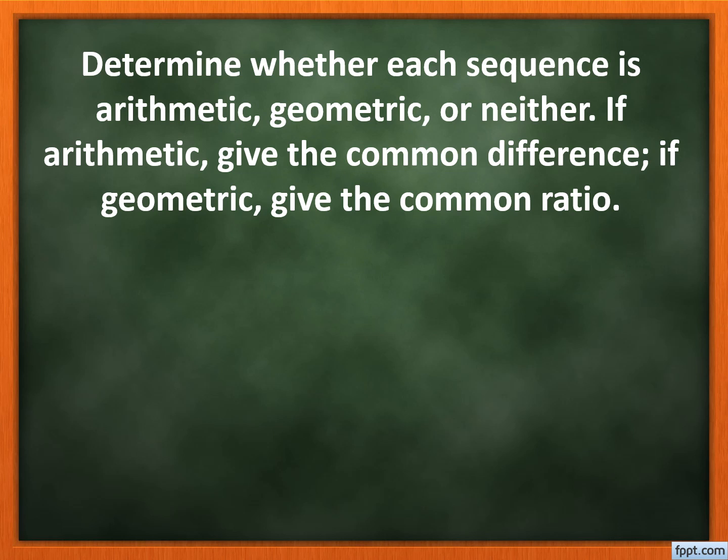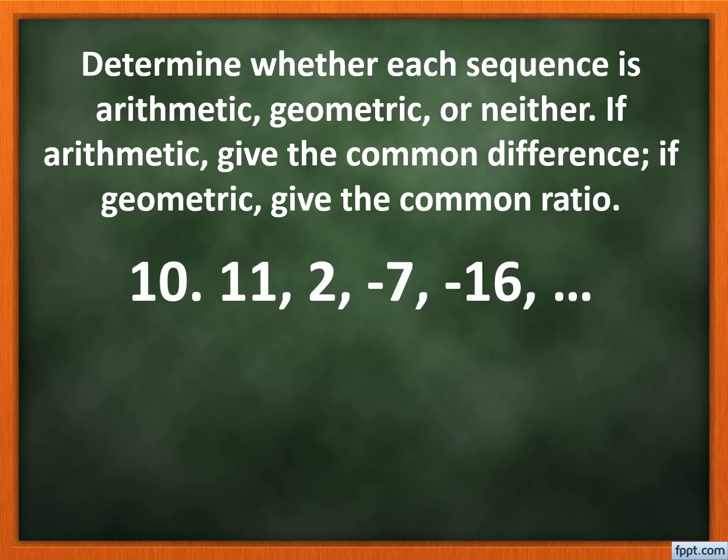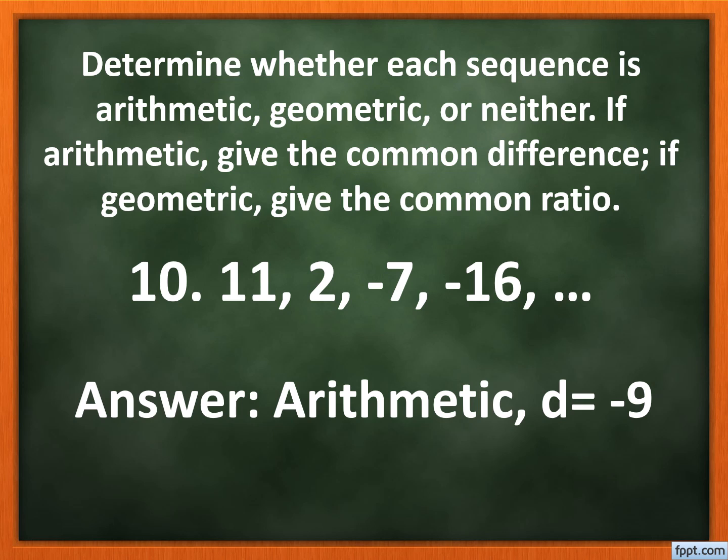For the last number, we have 11, 2, negative 7, negative 16, and so on. The answer is arithmetic sequence, and the common difference is negative 9. I hope that you got them all correctly.